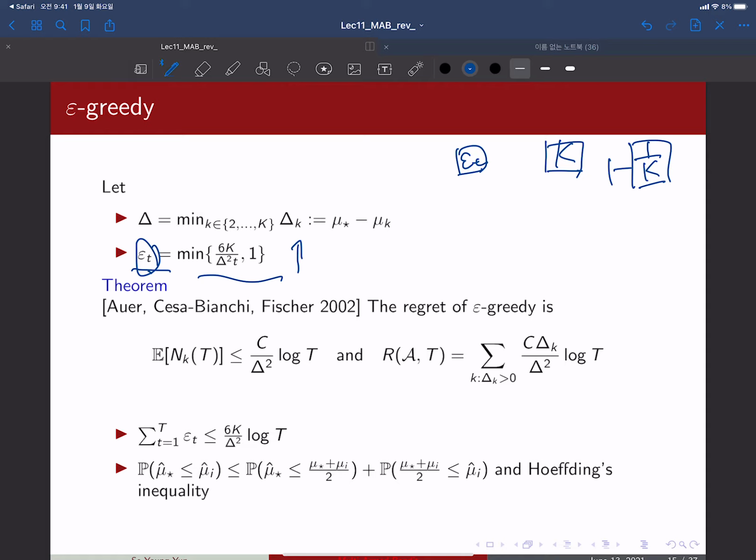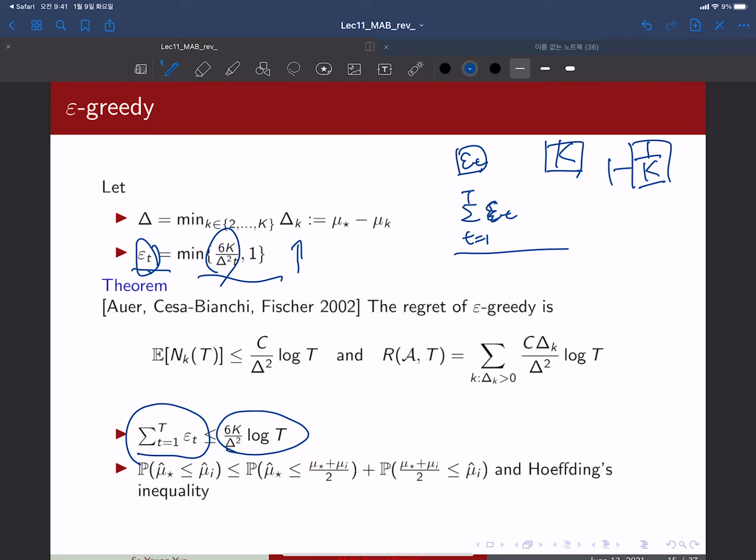Why? Because in the regret analysis, we will add epsilon t all the time from t equals 1 to capital T, and we just consider this as regret. Okay, the sum of epsilon t, this is just regret. So when you increase this part, then this regret upper bound increases as well.